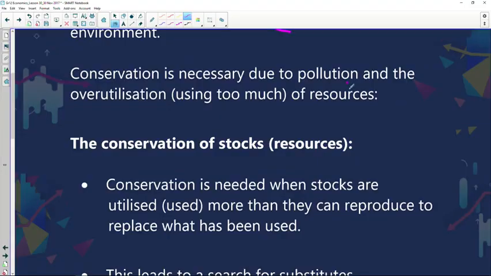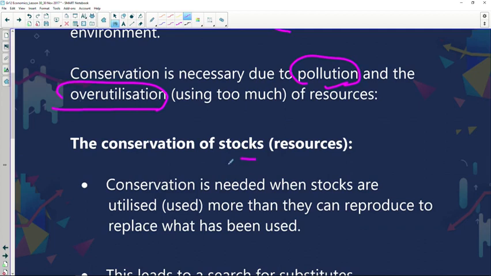So conservation is necessary due to the pollution and also to the overutilization or using too much of resources. Because when we pollute, we are compromising our natural resources, but also when we overutilize our natural resources, we also compromise their sustainability as well.